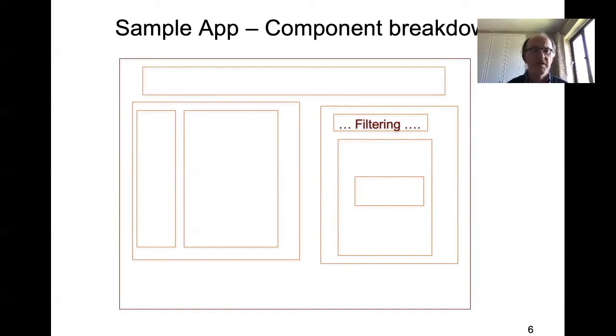So I'll have a box for the header, and there may be a footer part as well that you want to have consistent across all the different views or pages that make up your app, even though I'm not dealing with multiple pages now in this example. But it's just a good practice to have by default a header and footer box, which will correspond to a component just responsible for rendering the header and footer part of the UI. So that's everything covered now.